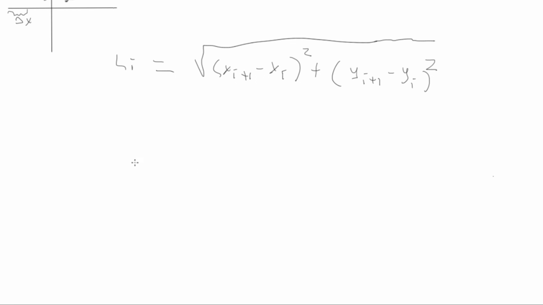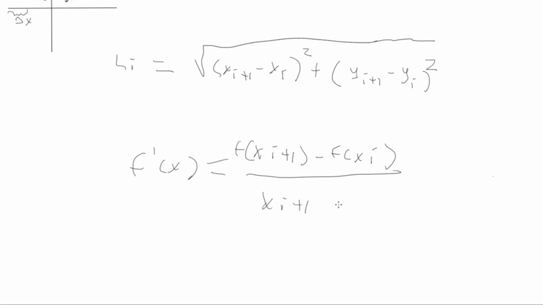So if I have f prime of x, the derivative of y at x, then that is going to equal, on some interval, let's call that interval x sub i plus 1 and x sub i, the slope between those 2 points.